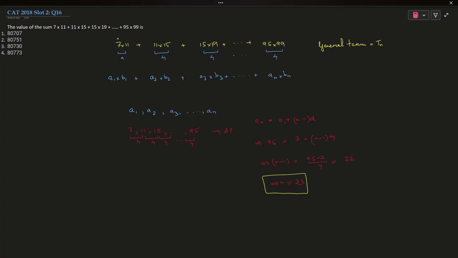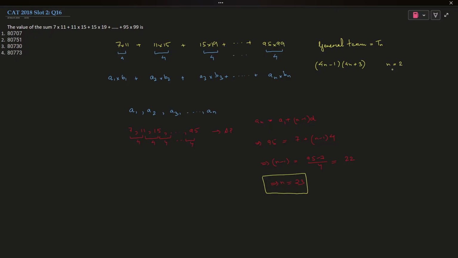Like 7 is less than 8 by 1, 11 is less than 12 by 1, 15 is 16 minus 1, 19 can be written as 20 minus 1, 95 can be written as 96 minus 1, 99 can be written as 100 minus 1. So these numbers are all 1 less than a multiple of 4. So the general term is 4n minus 1. If I put n equal to 2, I will get it, right? Then into 4n plus 3.